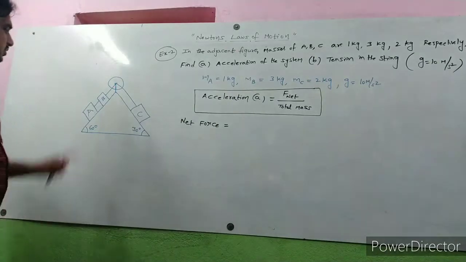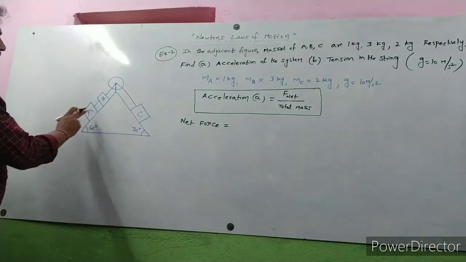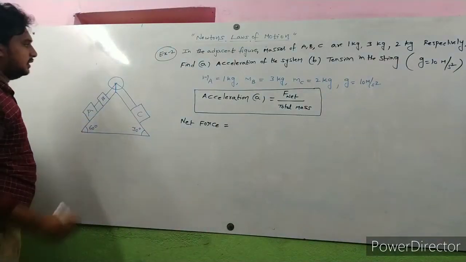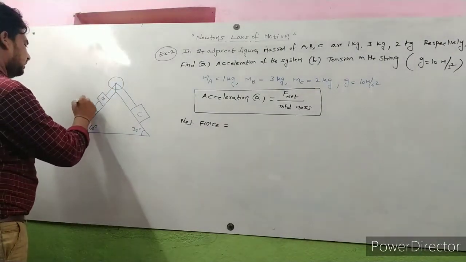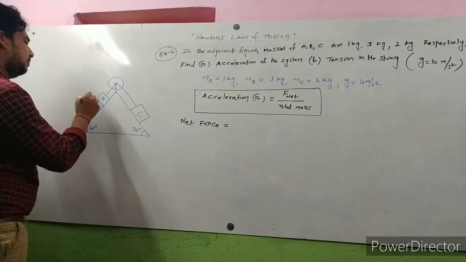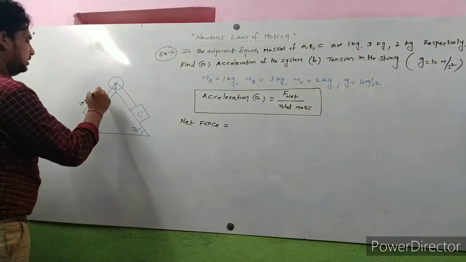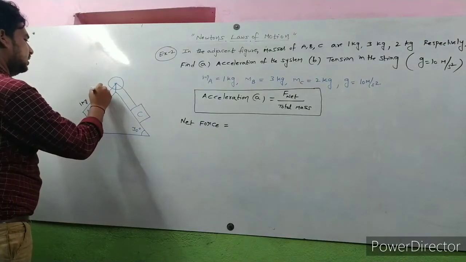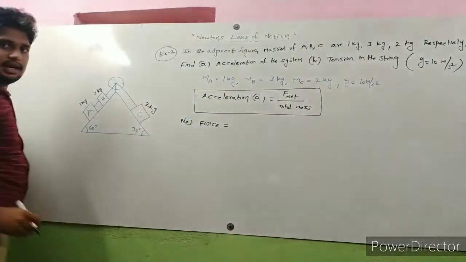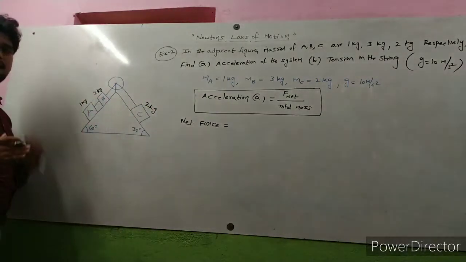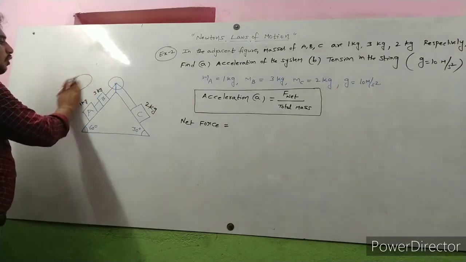For finding net force, observe carefully here. A, B, C are given. Mass of A is 1 kg, mass of B is 3 kg, mass of C is 2 kg. On this side 1 plus 3, total 4 kgs.